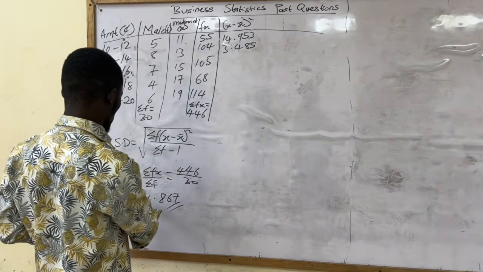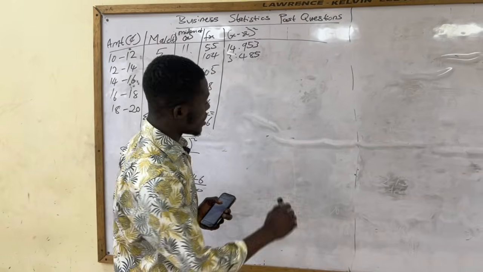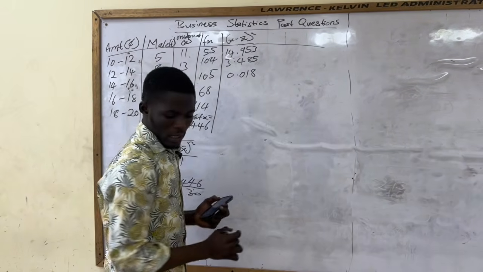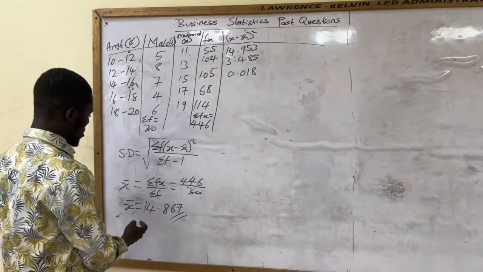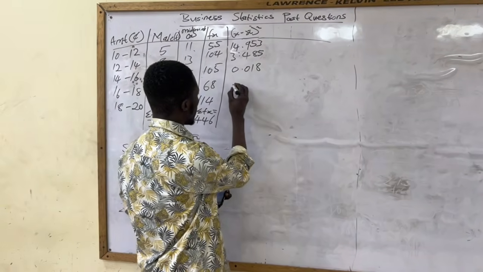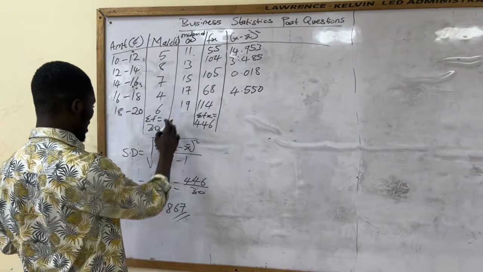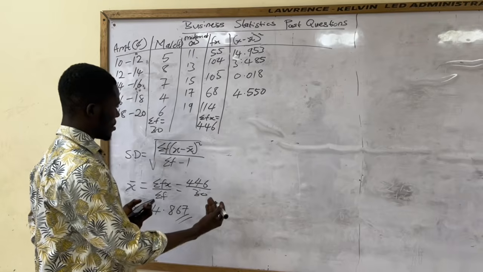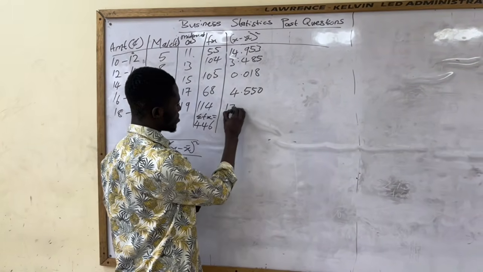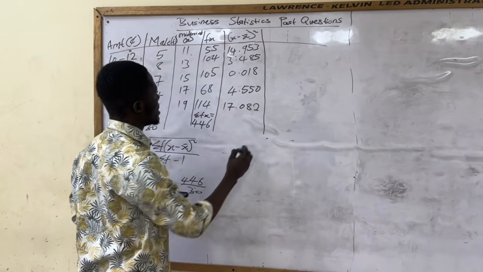Now 15 minus 14.867, we will get 0.018. Okay, now let's look at 17 minus 14.867 all squared. We will also get 4.550. Then the last one, 19 minus 14.867, if you point it all squared, you get 17.082.